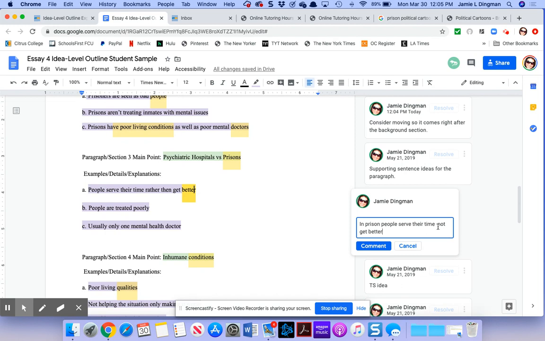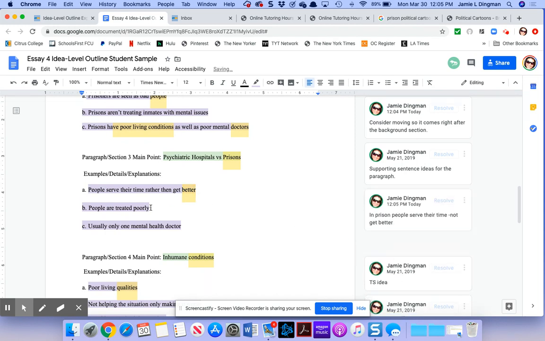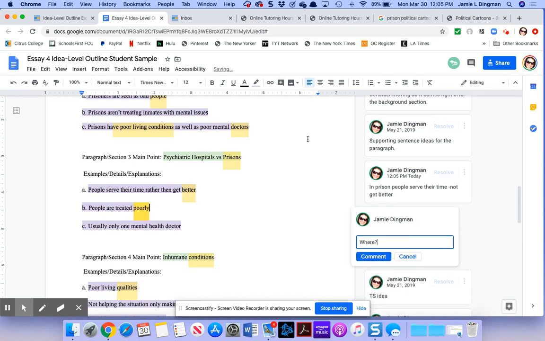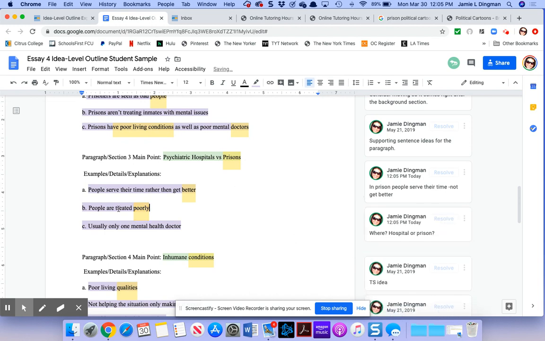Let's just make that clear for ourselves. That would be the comment that I would say. People are treated poorly for this one. They're not saying very clearly where, right? Where? Hospital or prison. You want to make sure you're differentiating if you're talking about two different things.